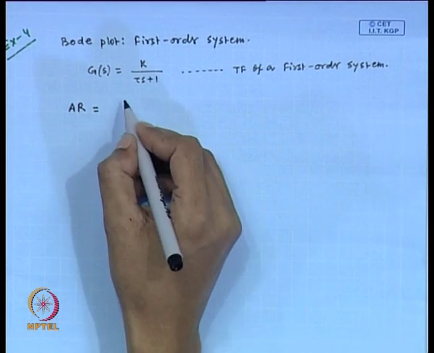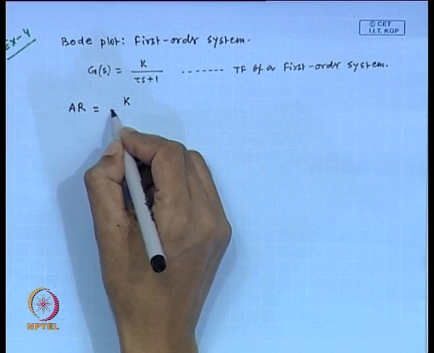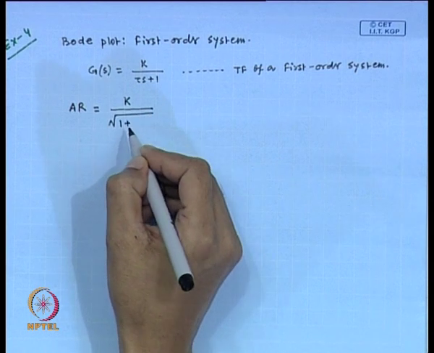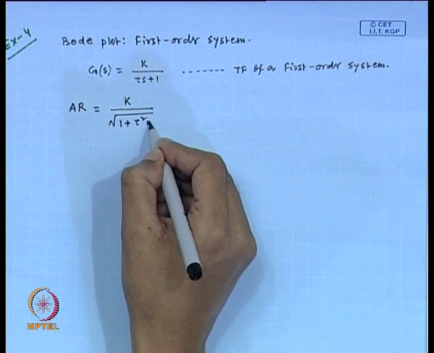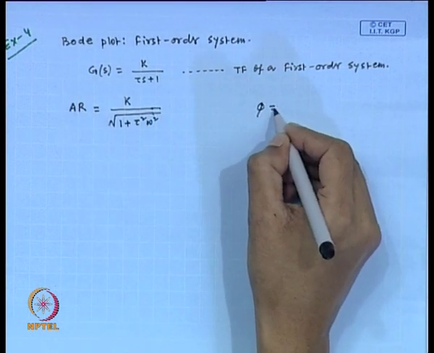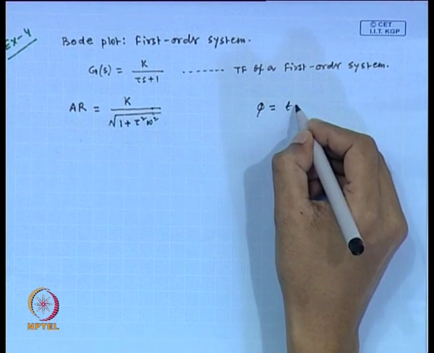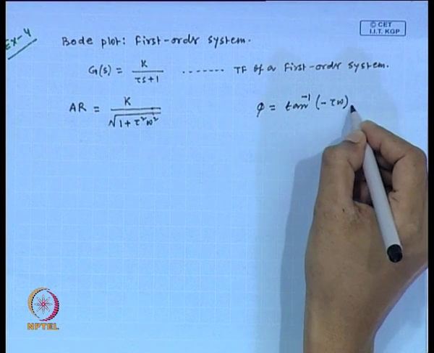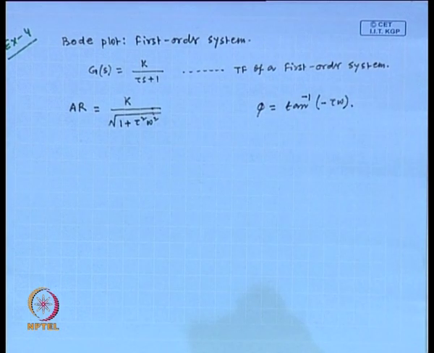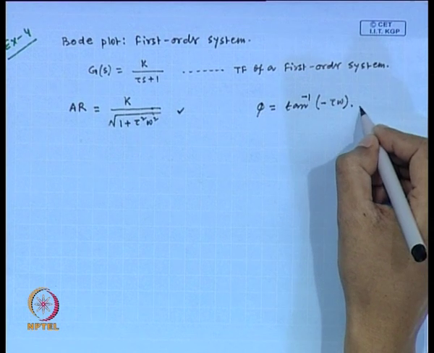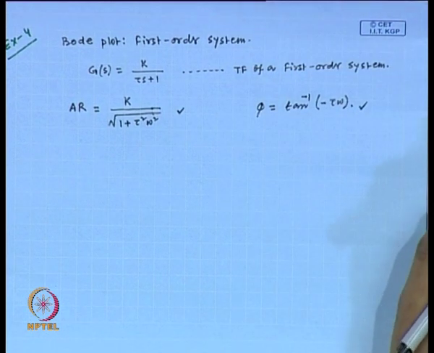There, amplitude ratio equals K divided by root over 1 plus tau square omega square, and phase angle phi equals tan inverse minus tau omega. For a first order system, this is the expression for amplitude ratio and this is the expression for phase angle.